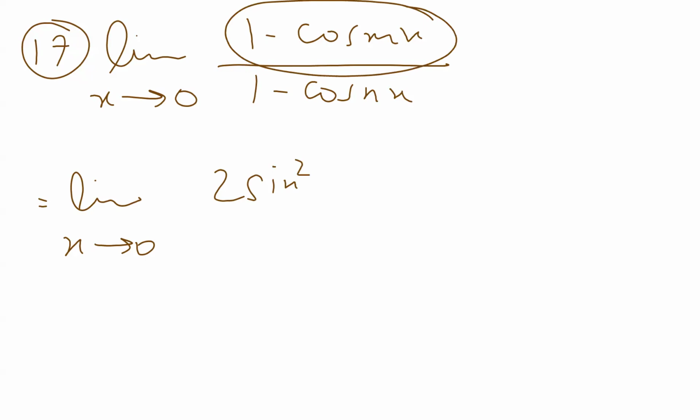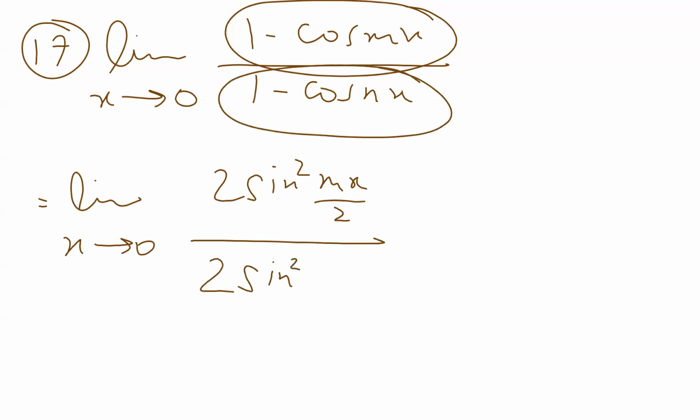Half angle, double angle. mx by 2. Correct, mx by 2. And this will be 2 sine square nx by 2. The 2 will get cancelled.